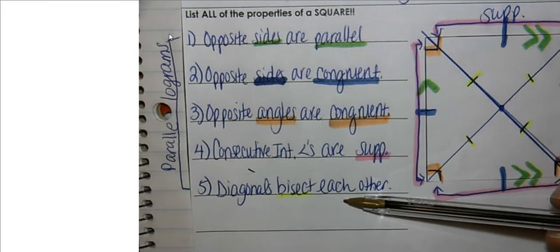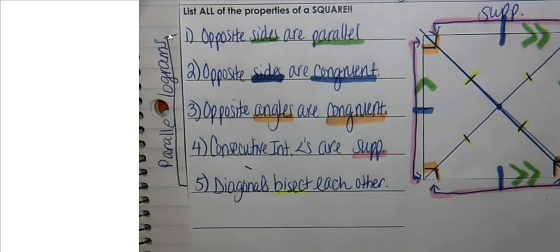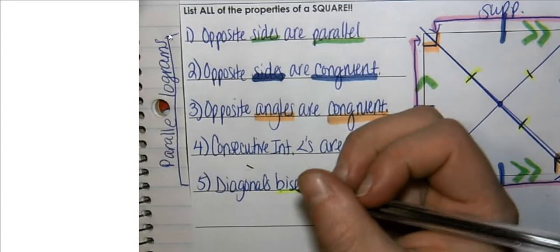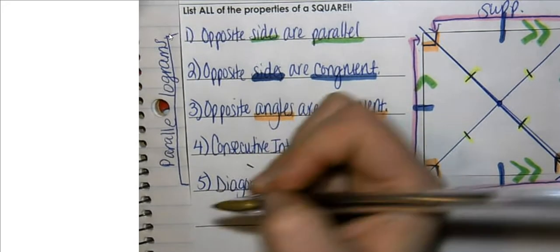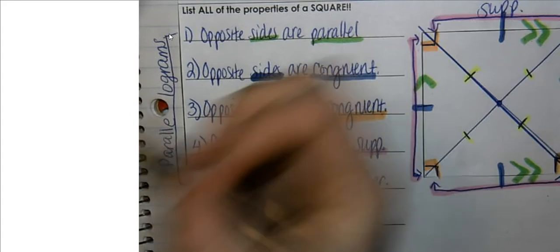So those extras were 4 right angles. So because it has 4 right angles, that makes it a rectangle. So I'm going to write that down, which I guess we already had marked up here.